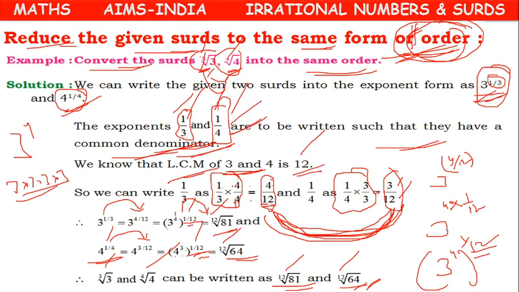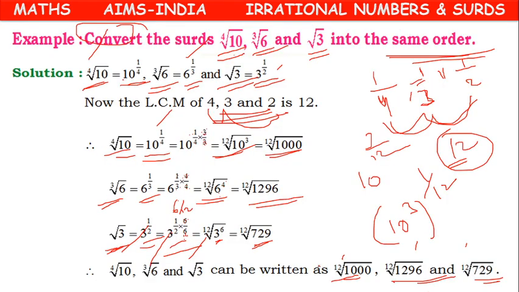Then we can arrange them into the same order. Once they are arranged in the same order, for example 12th root of 81 and 12th root of 64, as 81 is greater than 64, we can compare. 12th root of 81 is greater than 12th root of 64. We can write them into the same order, and if we want, we can compare them also.